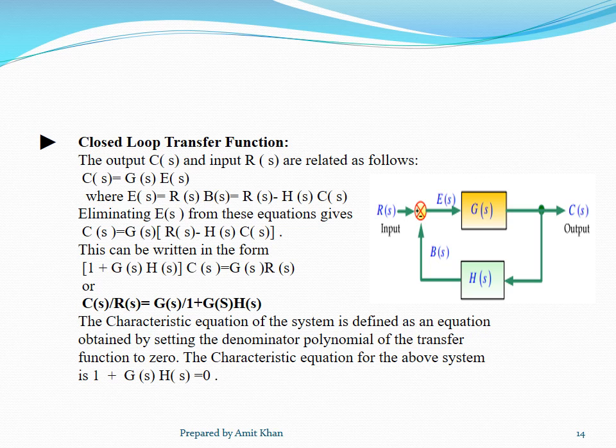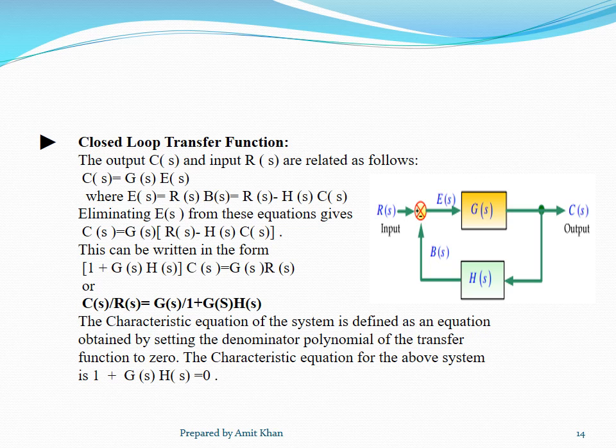Now here we can see the closed loop transfer function. The output C(s) and input R(s) are related as follows: C(s) equals G(s) into E(s), where E(s) equals R(s) minus B(s), that is, R(s) minus H(s) into C(s).